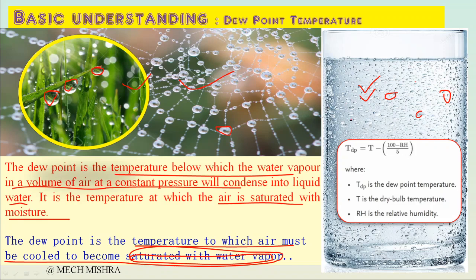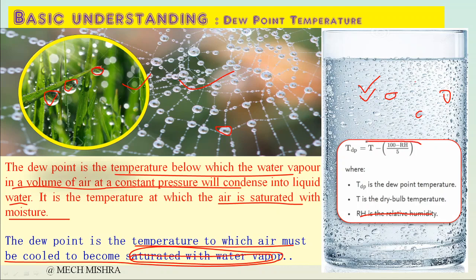Then there is a formula to calculate the dew point temperature for every stream, because it can vary depending on the constituents in our stream. Dew point temperature can be calculated as T, the dry bulb temperature, minus (100 minus relative humidity) divided by 5.